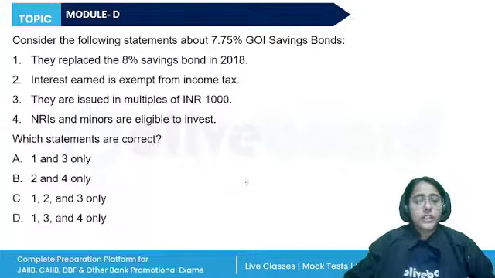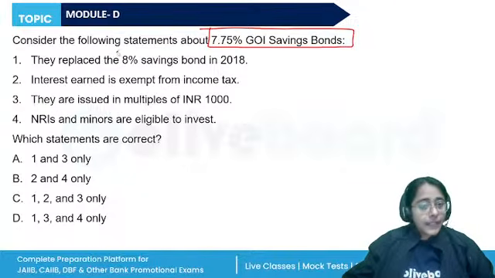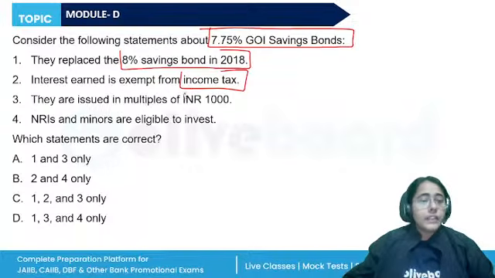Tired already or what? Consider the following statements about the 7.75% Government of India savings bond. 1. They replaced the 8% savings bond in 2018. 2. The interest earned is exempt from income tax. 3. They are issued in multiples of rupees 1000. 4.